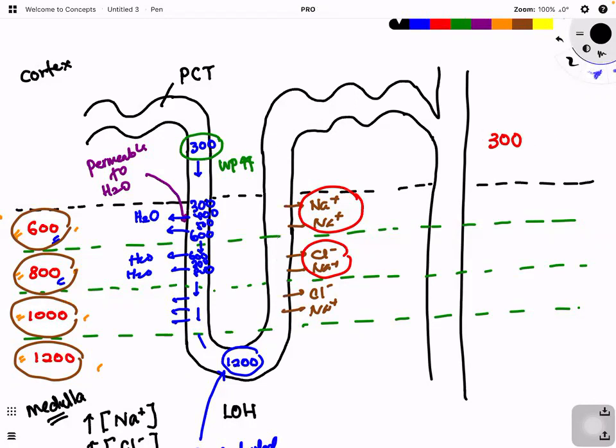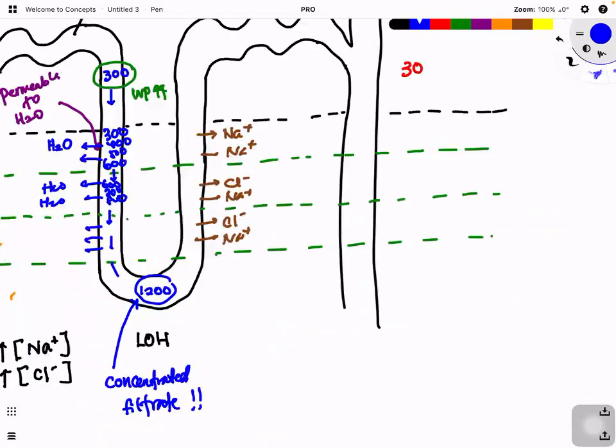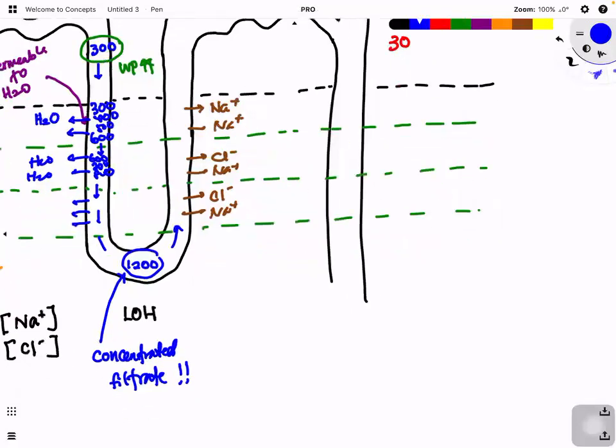Are you clear? What will happen here is, because the ascending limb is impermeable to water molecules, and this is very concentrated, we don't want to add water molecules in. Again, look at it: concentration is equal to the mass over volume.